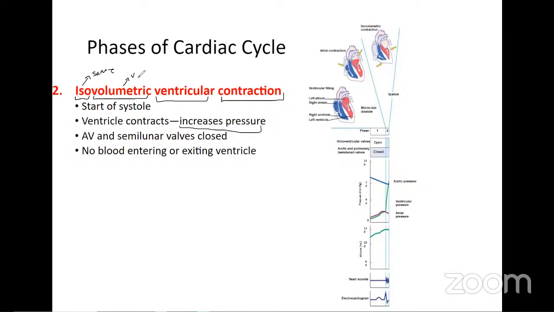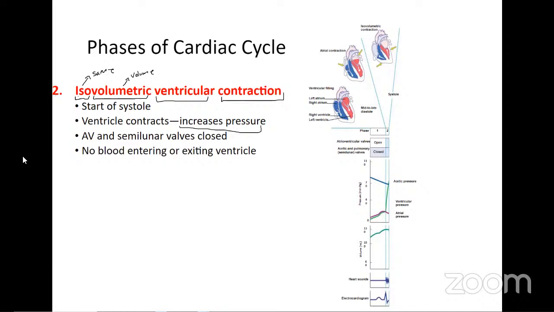So during this second phase of the cardiac cycle, this isovolumetric ventricular contraction phase, we don't have the amount of blood in that ventricle changing. That's what volume we're talking about. We are not changing the volume of blood contained. What we are changing is how contracted the muscle is, and therefore the pressure that is on that blood.